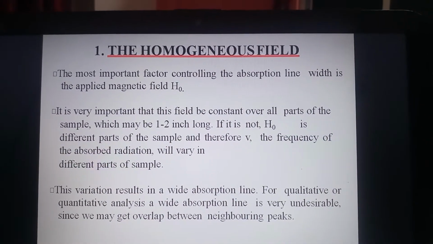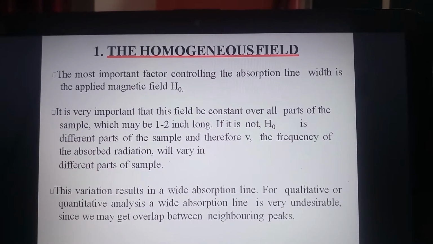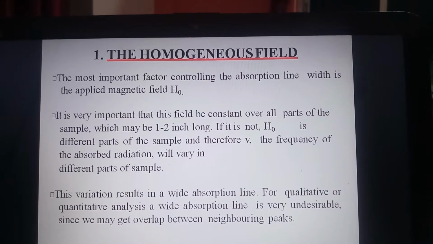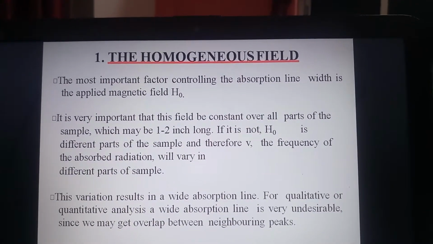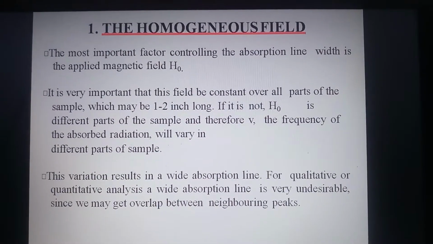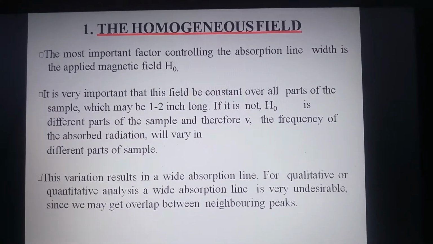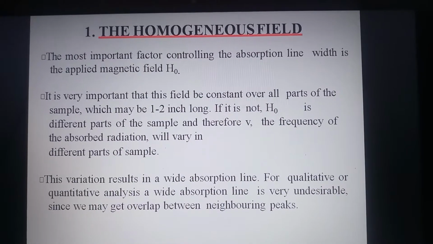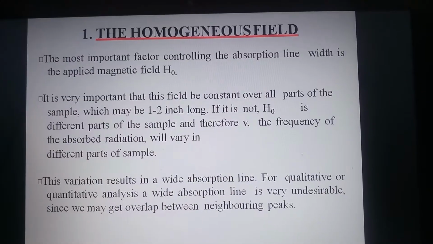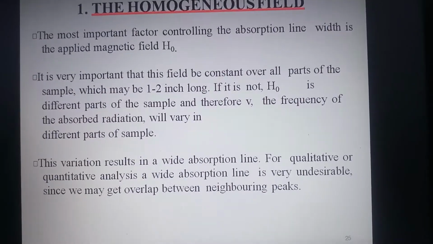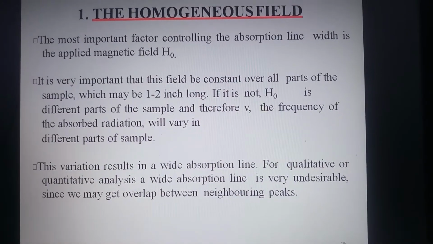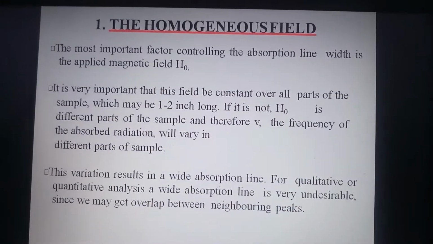If it is not, H0 is different in different parts of the sample and therefore nu, the frequency of the absorbed radiation, will vary in different parts of the sample. This variation results in a wide absorption line. For qualitative or quantitative analysis, a wide absorption line is very undesirable, since we may get overlap between neighboring peaks.